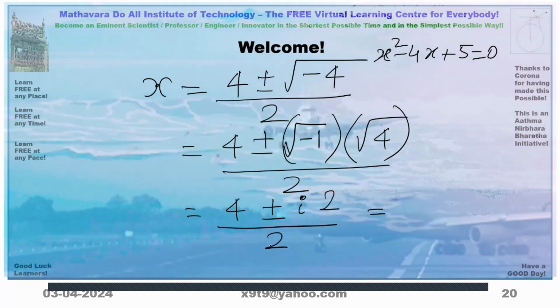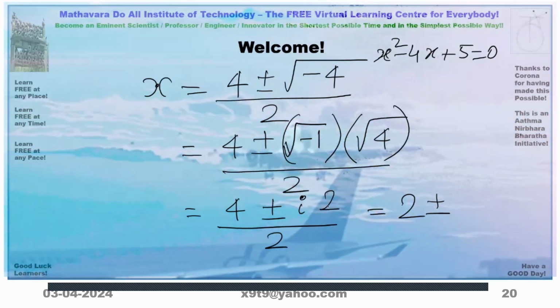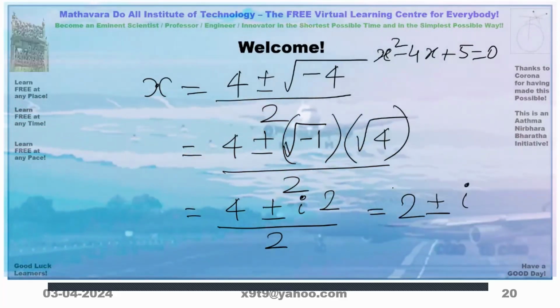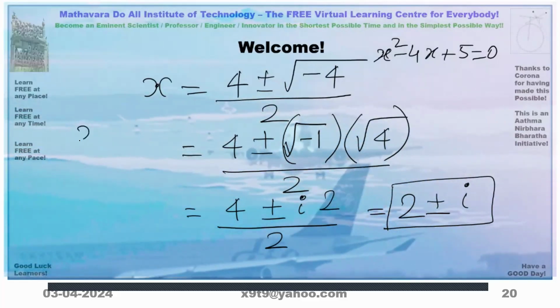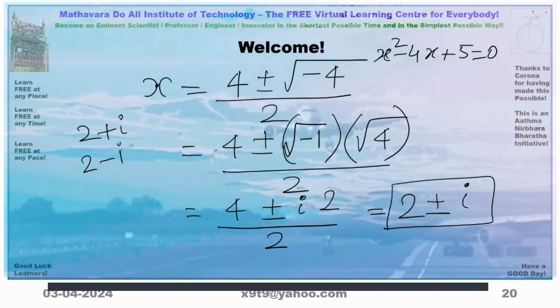That means divide 4 by 2, you will get 2, plus minus, divide this by 2, 2 cancels, you will get i. So 2 plus minus i, that will give 2 roots. One is 2 plus i and 2 minus i.